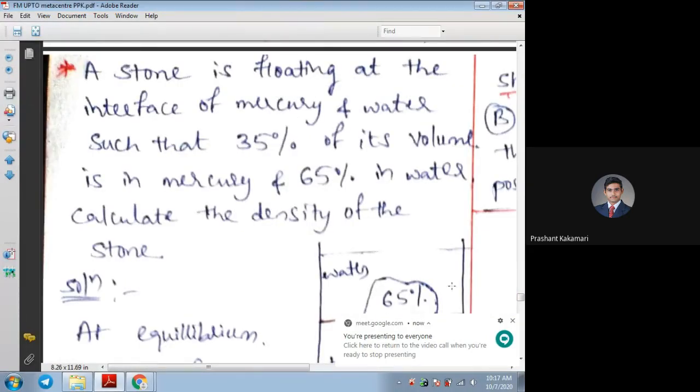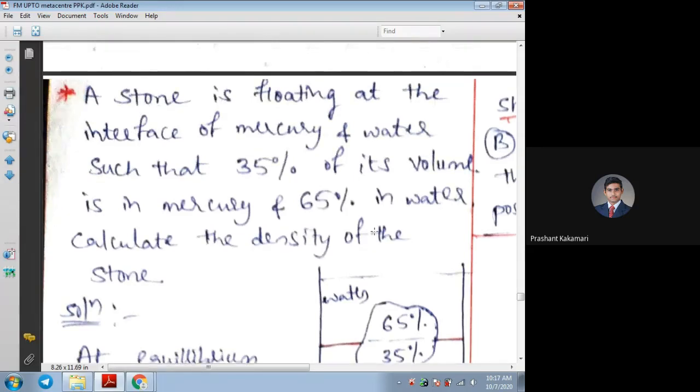A stone is floating. See here. Now this is a different example which is floating here. A stone is floating at the interface of mercury and water such that 35% of its volume is in mercury and 65% in water. Calculate the density of the stone.